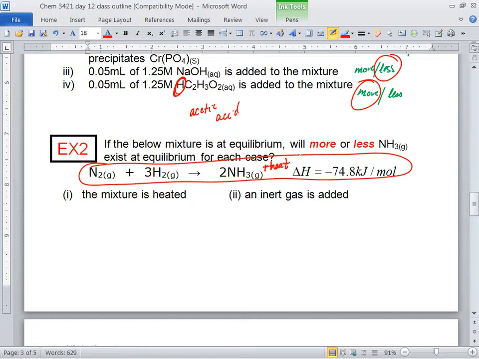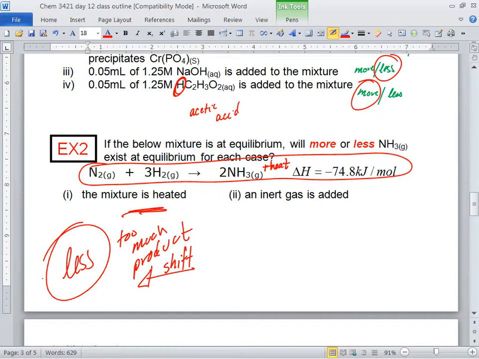Well, I'm adding heat. So now I have too much product. If I have too much product, I gotta shift that way. So that means I'm going to have more or less ammonia. Less. If I'm after ammonia, that's not going to help anything. Okay. So I want that temperature to be cold if I want to be generating ammonia.